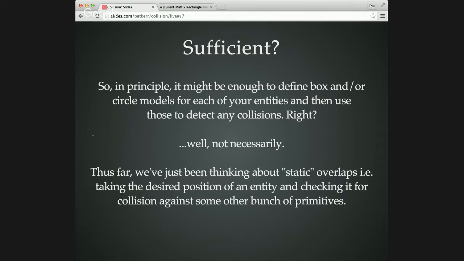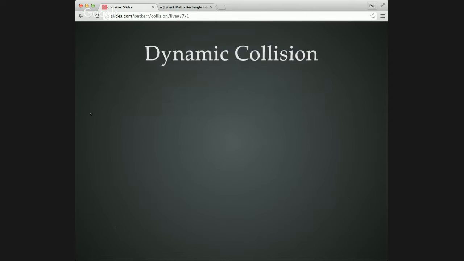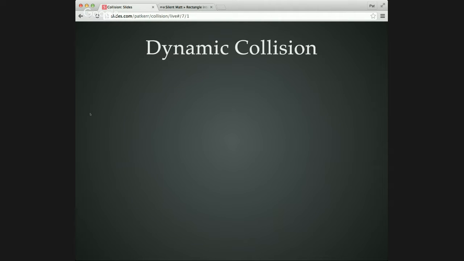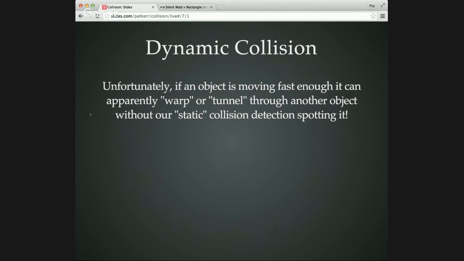One big mistake or limitation we've had so far is we've been thinking about static overlap, which is to say we just look at the position the entity ends up in and try to work out, is that position coincident with someone else? But that's not always the whole story. It's not sufficient, and that's because there's this thing called dynamic collision. If you've got one object that's moving sufficiently fast, between computing one frame, if you like, one update and the next, it might actually move from being on one side of an object to the other side.